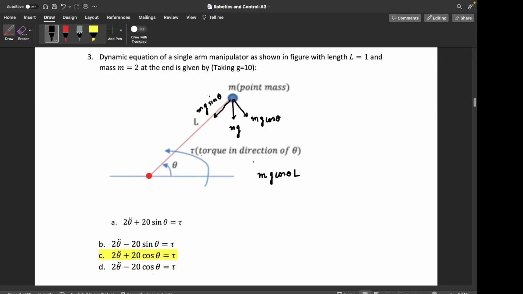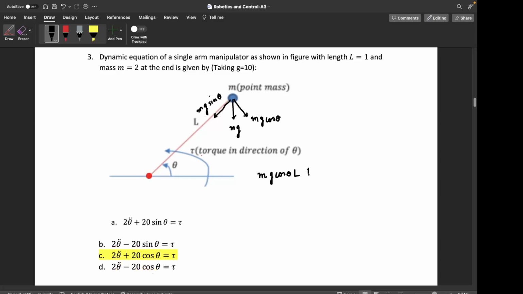Now since this mass will also be accelerating, this arm is basically rotating, so the angular acceleration will be theta double dot, and we know that torque can be written as I into alpha, right? Since this is a point mass at a distance L from the axis of rotation, its inertia is ml square, right?